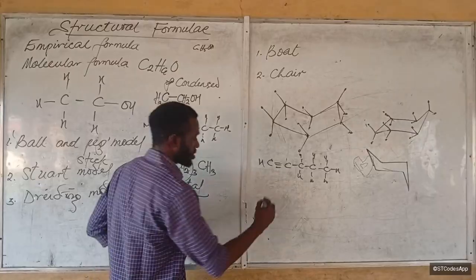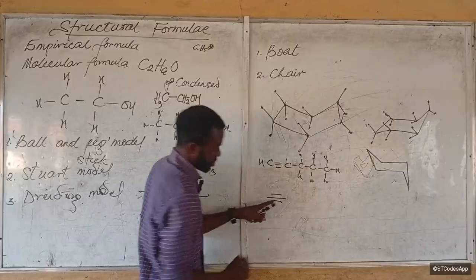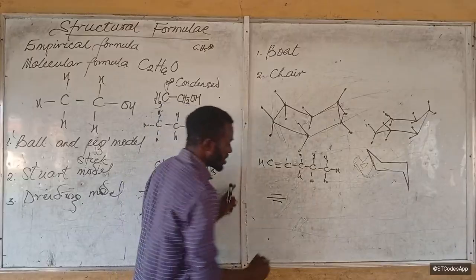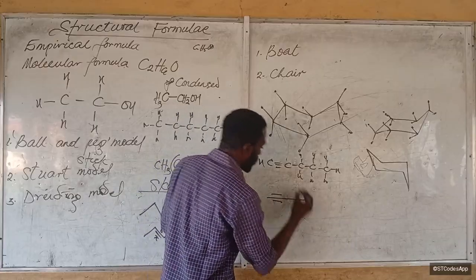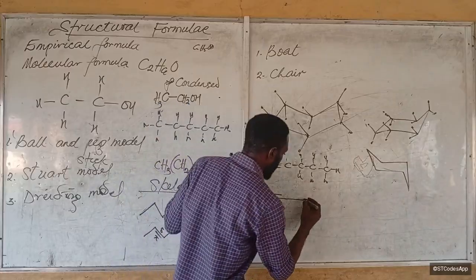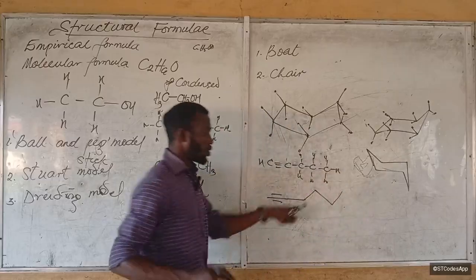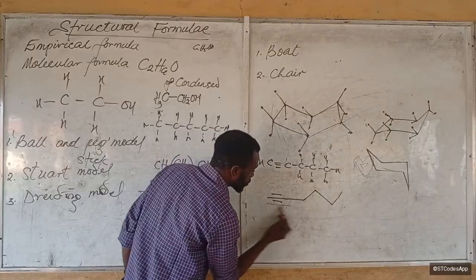Now the way I'm going to draw it is, I'll draw my first carbon. Do you see this? 2 pi bonds. Then listen, I will continue with a straight bond. Is it clear? Then I now curve and curve and curve. Do you know what this means? This shows you that there is a linear molecule here.